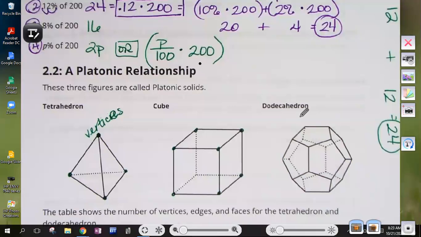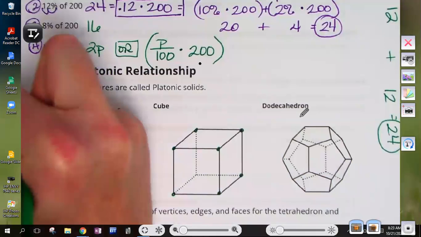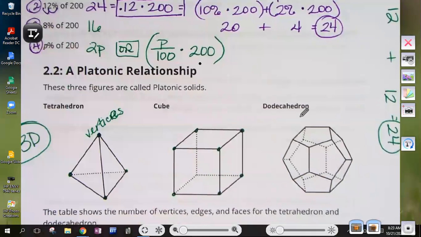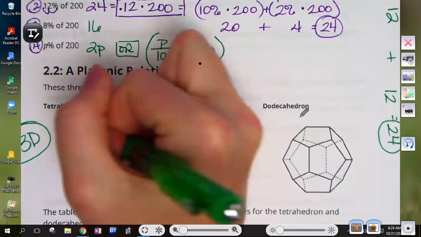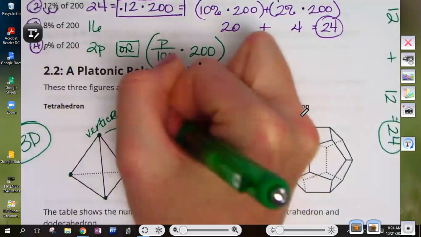Jordan. They're all 3D. Correct. What else? What else do they have in common? They all have these vertice points.